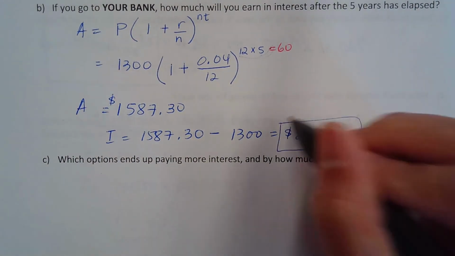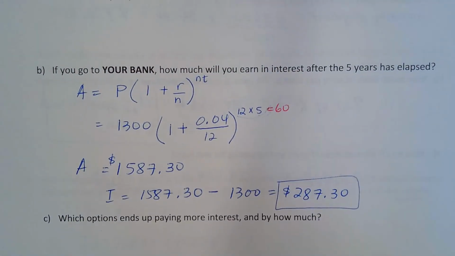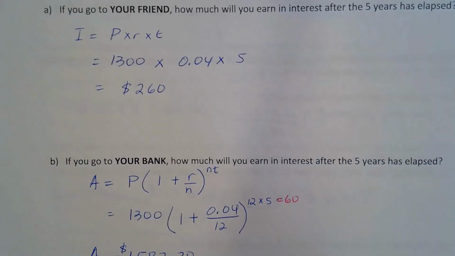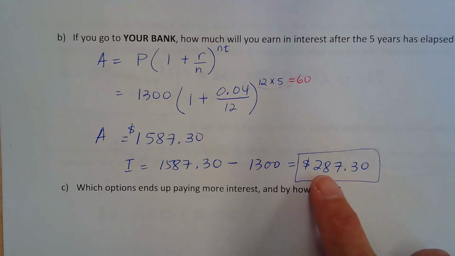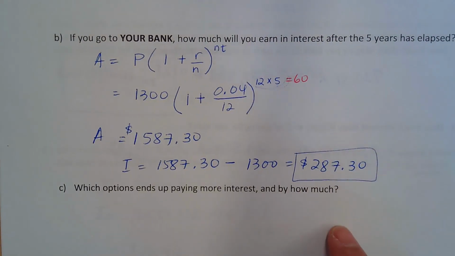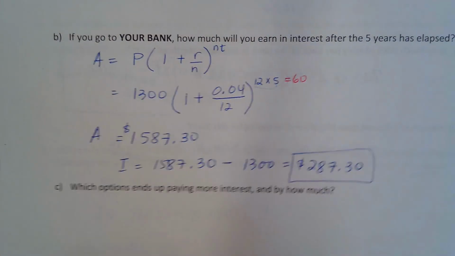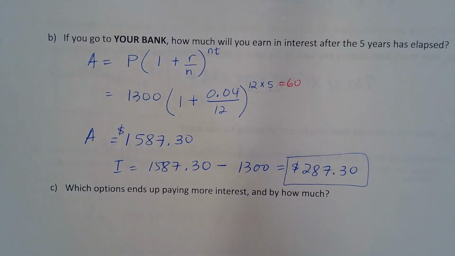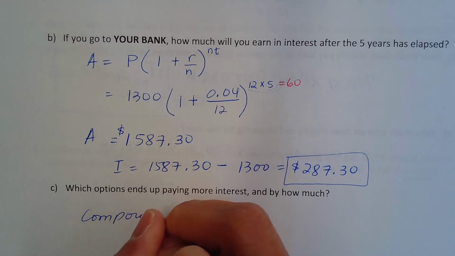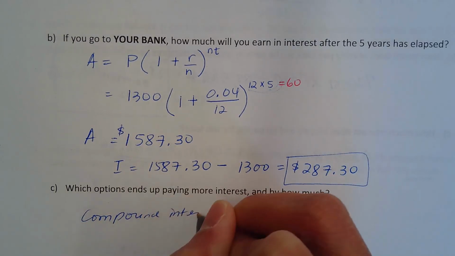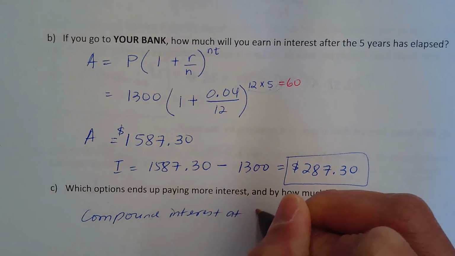So now we can compare which one is better, an interest of 260 or an interest of 287. So which option ends up paying more interest? The compound interest at the bank.